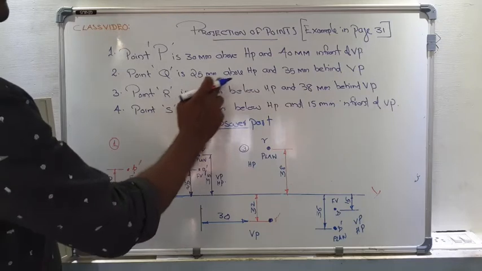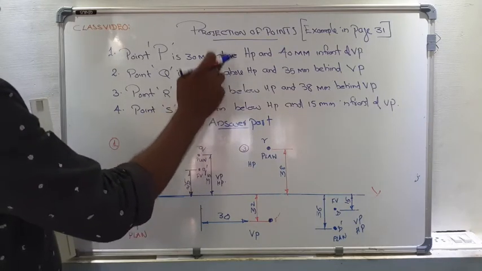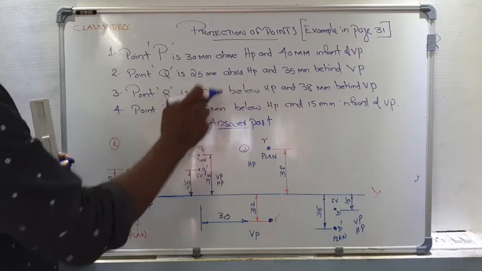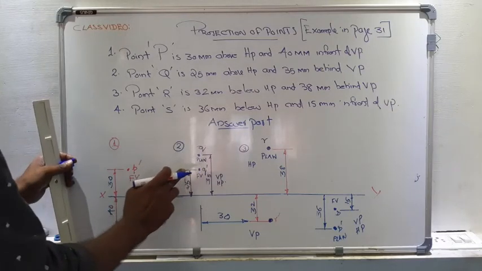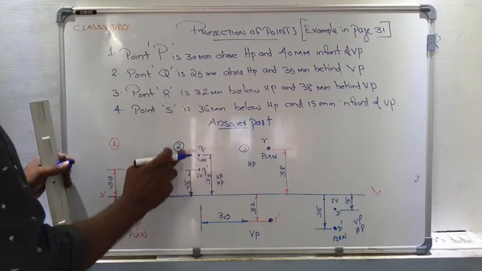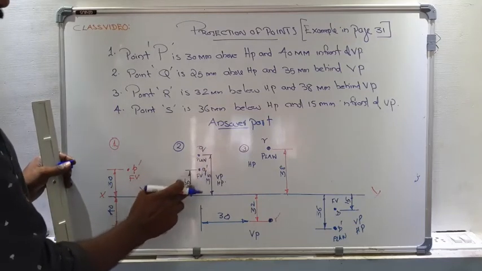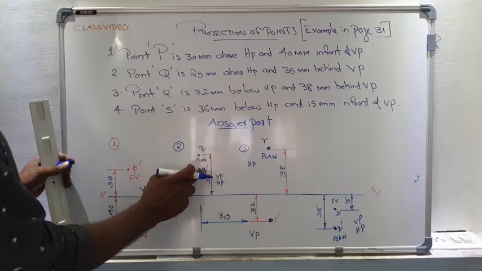Here from this hint we can understand that the object is situated in second quadrant. Because of that we can say that both front view and plan also come above the XY line. Now first we have to put a point here, keeping the distance 25 mm. That point is marked with the letter Q dash.